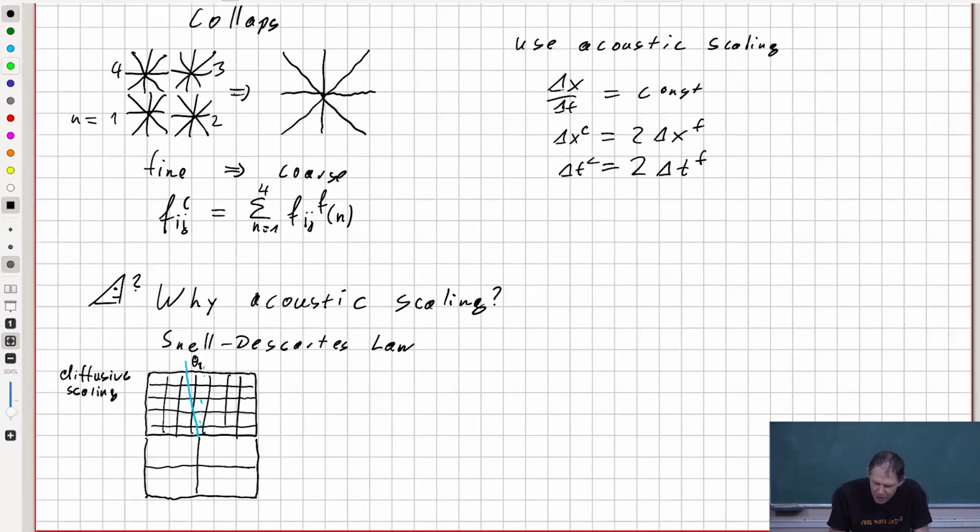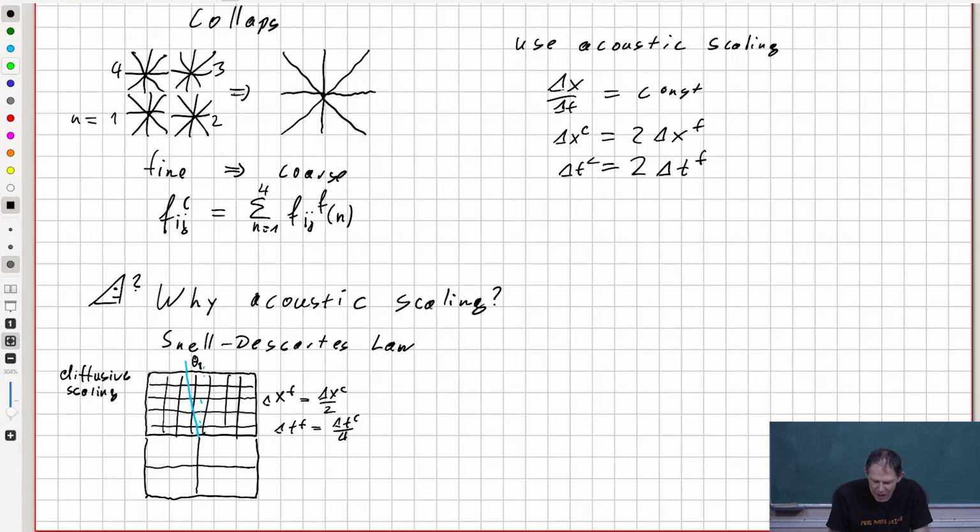Then because we use diffusive scaling, we have on this side delta x fine is delta x coarse half, and delta t fine is delta t coarse a quarter.